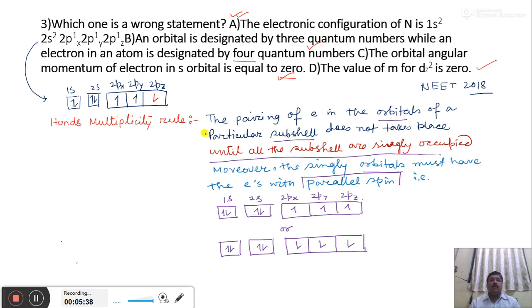Now in option 1, in 2px and 2py the electrons are in parallel spin, but in 2pz the electron is in opposite spin. Now the actual pictorial representation will be that in 2px, 2py and 2pz all the electrons have parallel spin. So option A is the incorrect one.